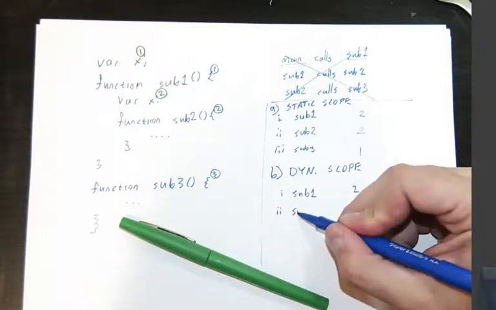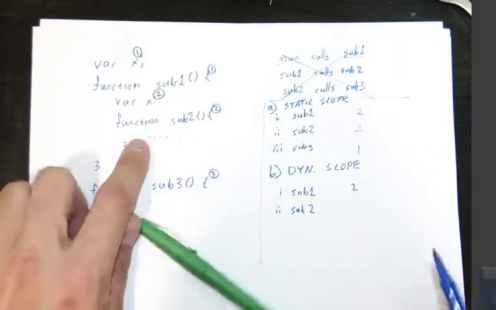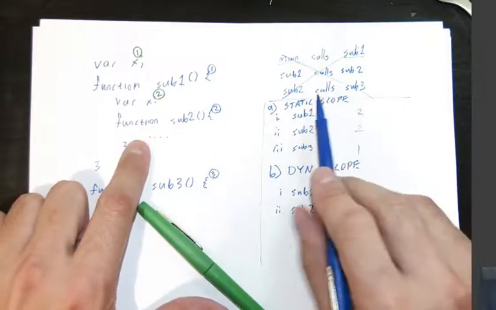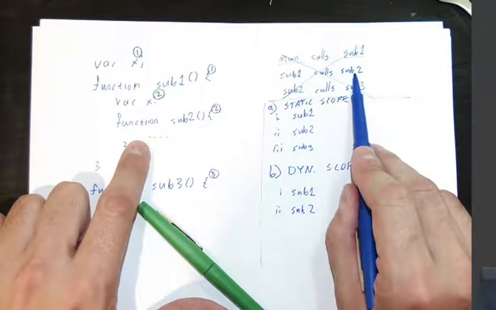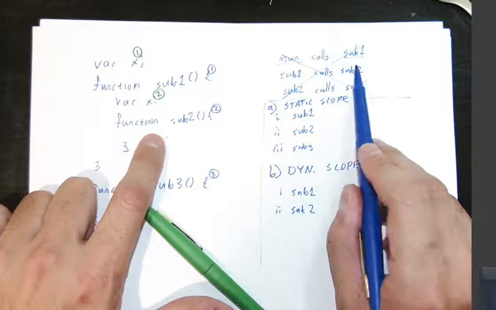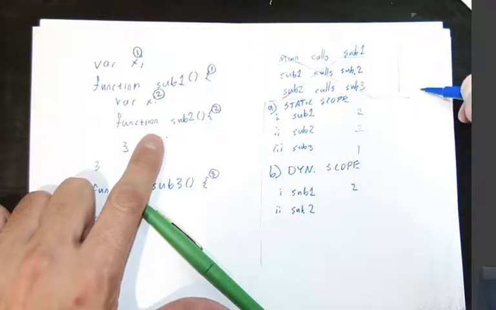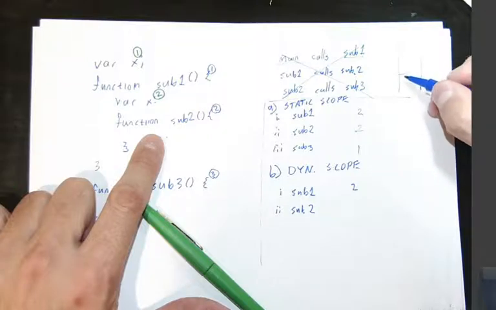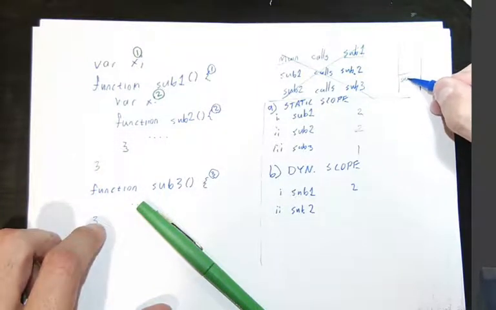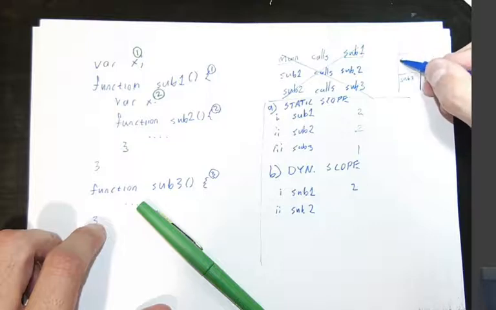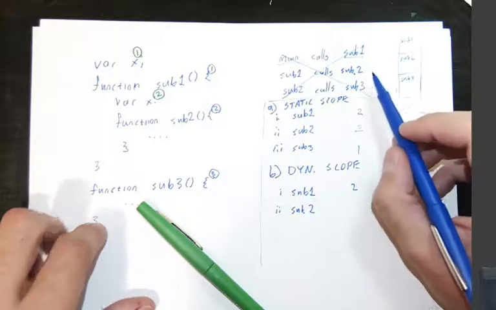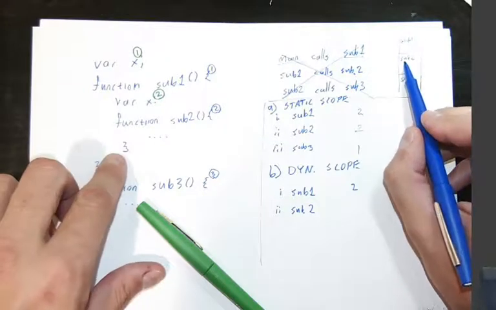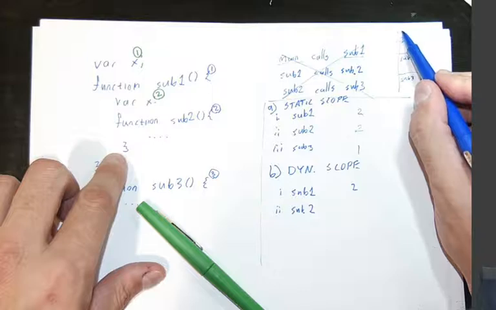When we're in sub2, let's look up here. Sub1 calls sub2. If I look at the call stack, the way that it goes is, you've got sub3, sub2, sub1, and then main.